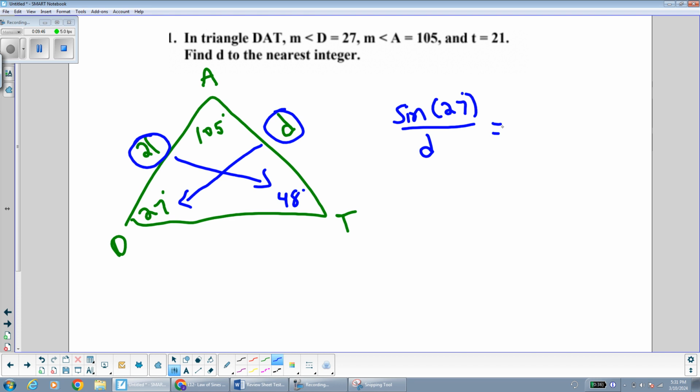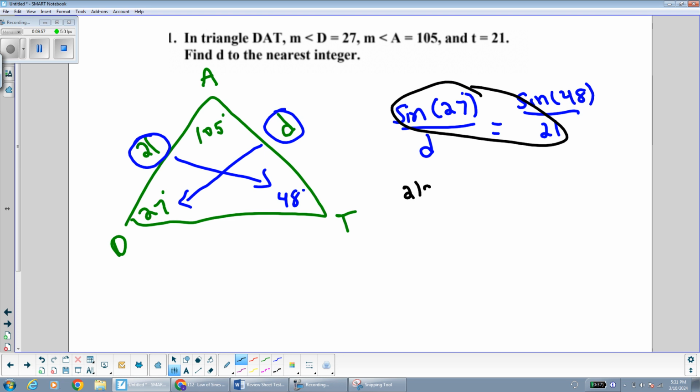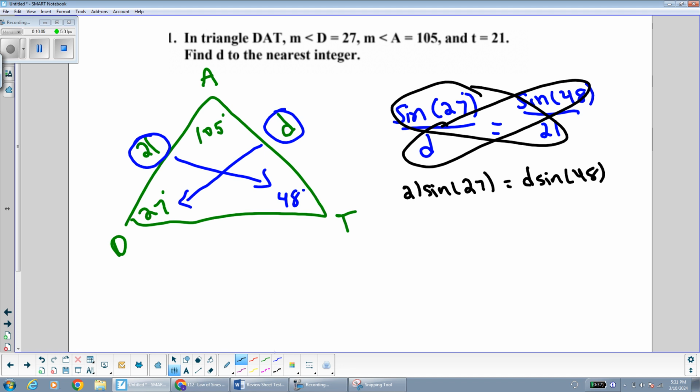The other angle I'm going to use is the 48-degree angle. And that's because I already have the side across from it. From here, we're going to cross multiply: 21 sine 27 equals d sine 48. Remember, we're solving for d, so we want to isolate the d.